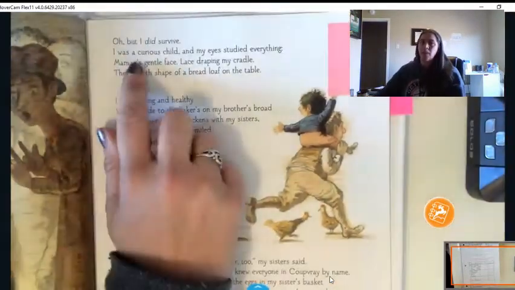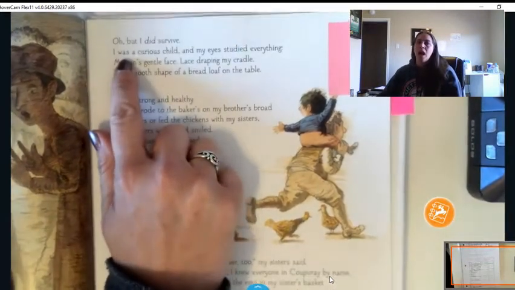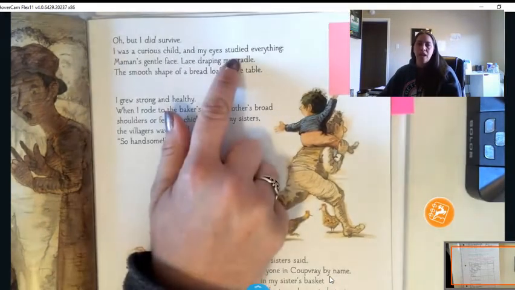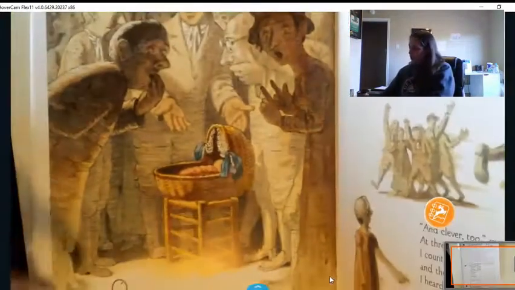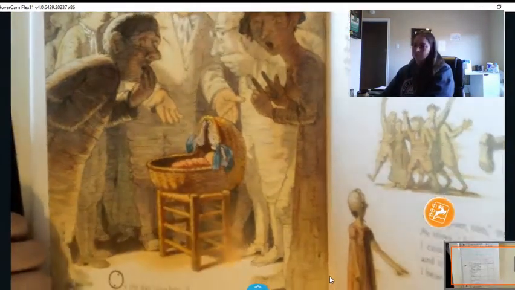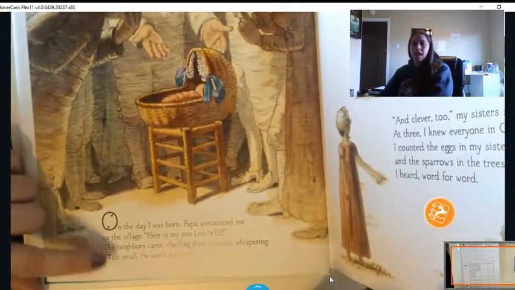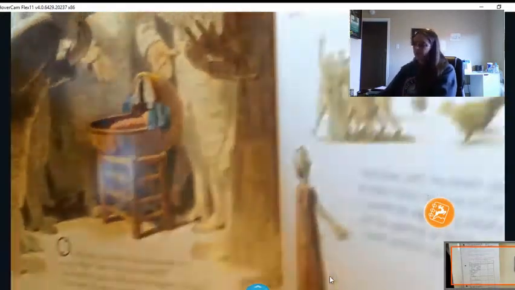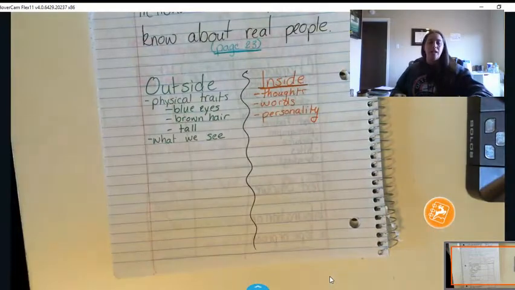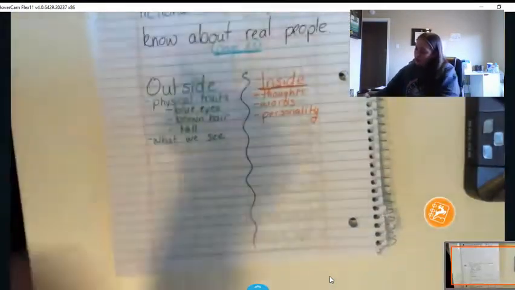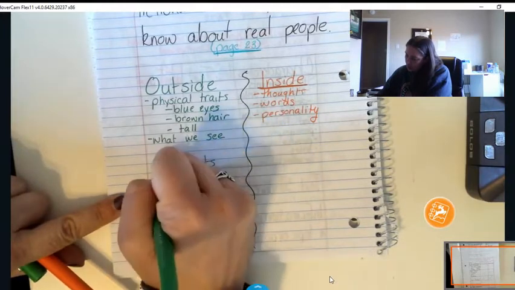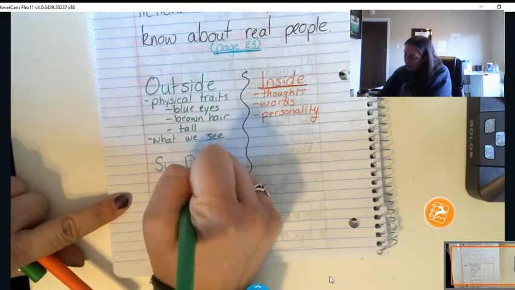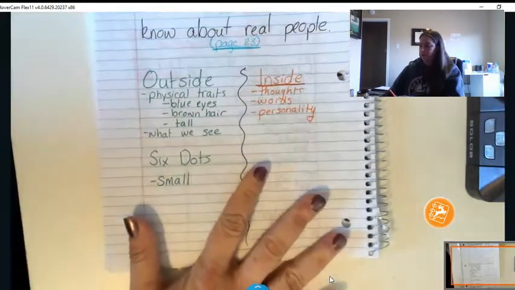But right here it says, oh, but I did survive. I was a curious child and my eyes studied everything. So the first thing is that he's very small. That is a physical trait on the outside. He's small. He's tiny.